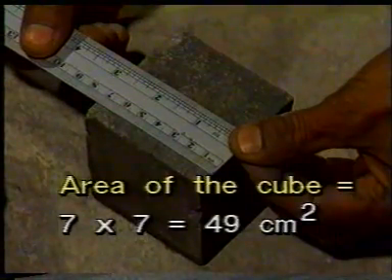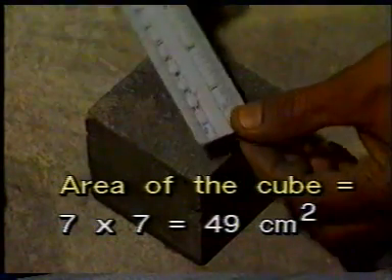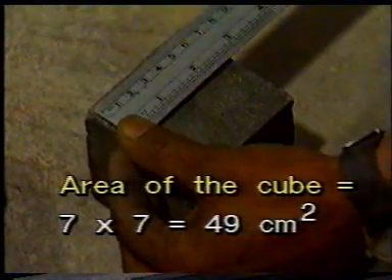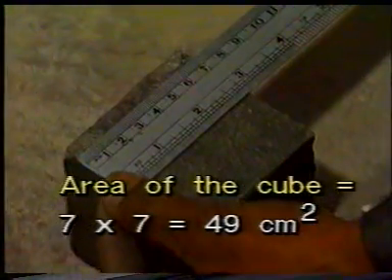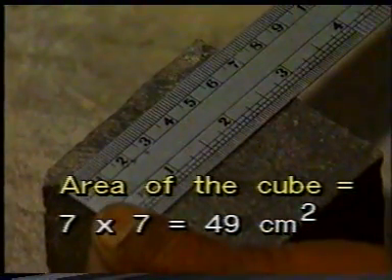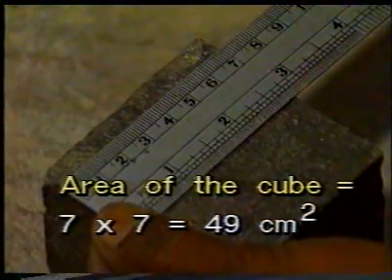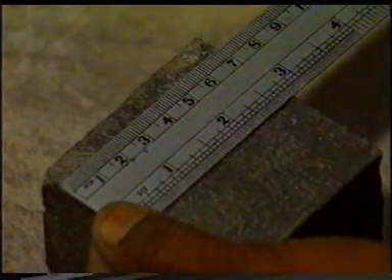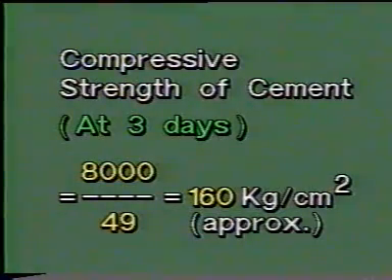The area of the cube is 7 centimeter multiplied by 7 centimeter, which is equal to 49 centimeter square. Therefore, the compressive strength of cement at 3 days is equal to 8000 divided by 49, which is approximately equal to 160 kilogram per centimeter square.